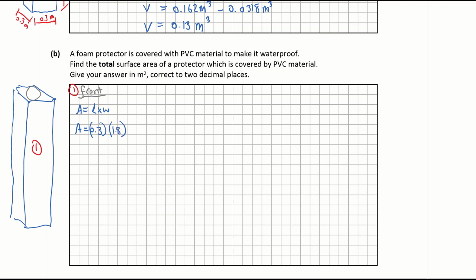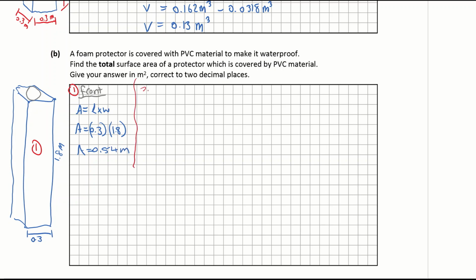That's the height of it. So this length here is 1.8 meters and the width of it is 0.3. And I multiply them out on my calculator to get 0.54 meters. Okay, that's the first part.